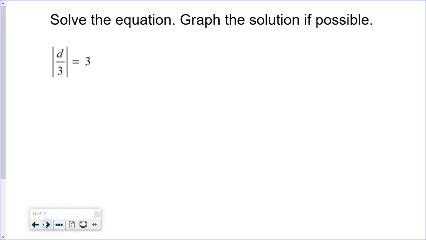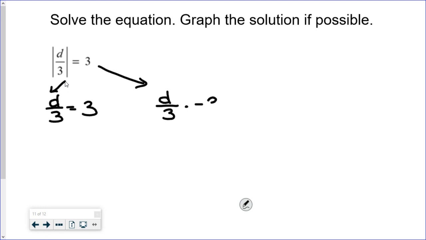Okay, same thing here. Now I have d over 3 equals 3, and it is positive, so I know I'm going to have two equations. Equals negative 3.